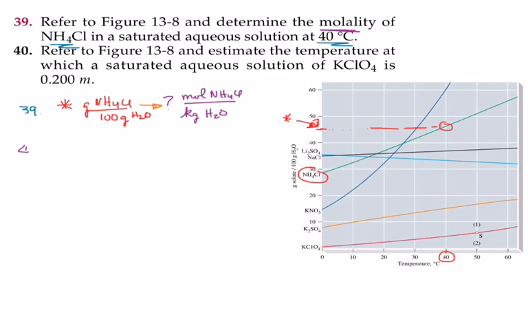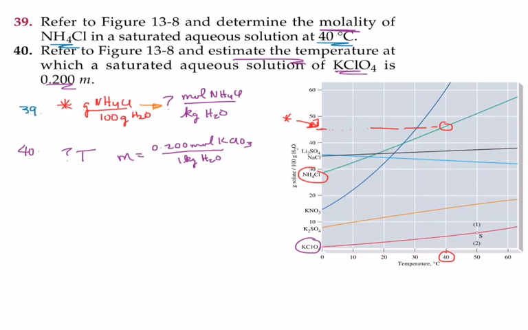Not too bad. The next one, we're picking on potassium perchlorate down here. And here they ask, at what temperature is it right at saturation for 0.200 molal? And to me, what I did is I unpacked 0.200 molal.